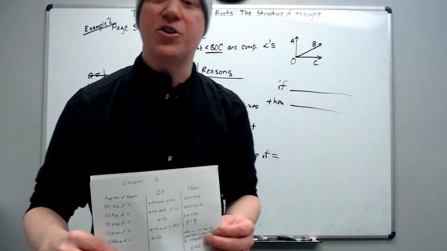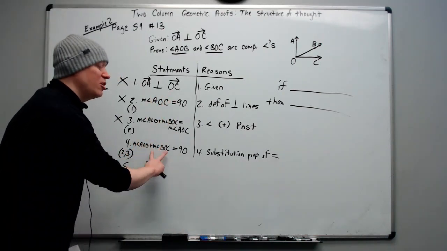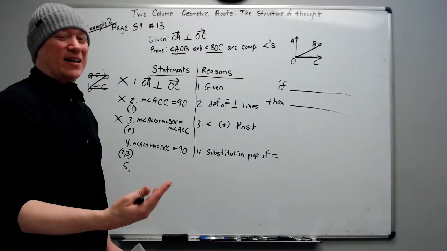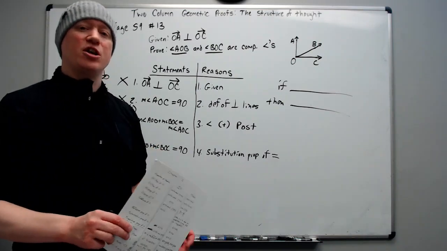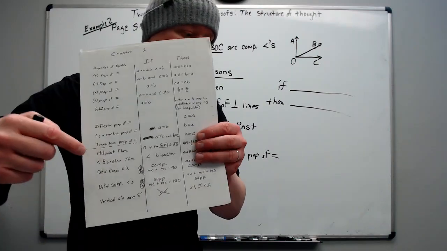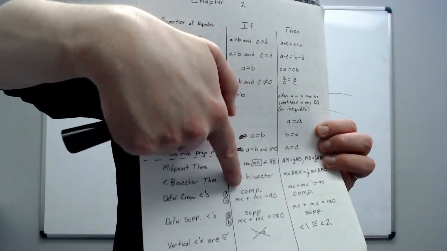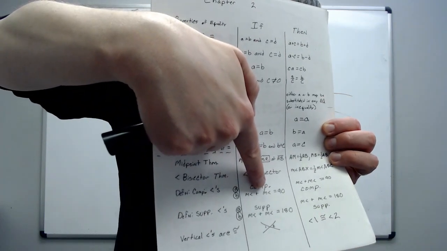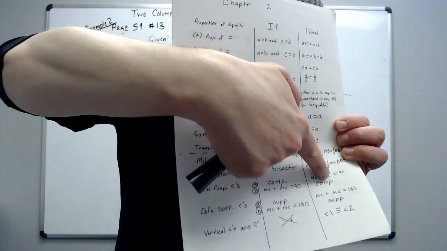Now that's not the version that we want. Why? That version requires us to know that they're complementary, right? Technically, your teacher's not going to know if you didn't know which version you were using, but you should know so that you understand the proof more. So if we go back to definition of complementary angles, there's a B version right here, and it's if the measure of two angles adds up to 90, then those angles are complementary.